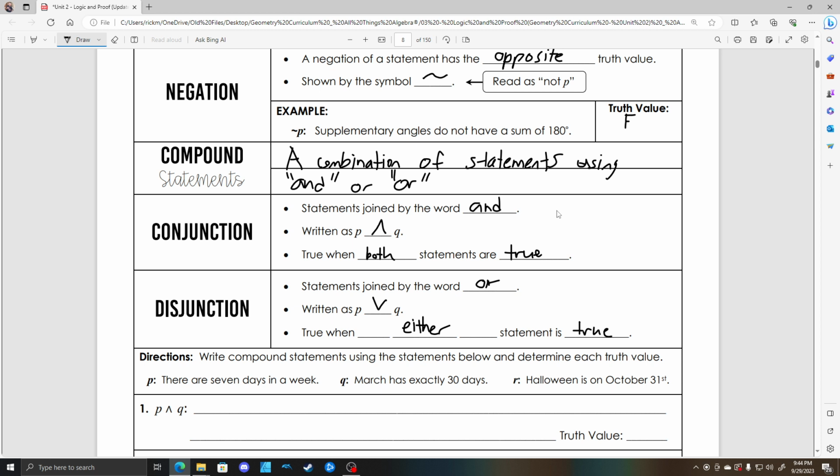So this could be P or Q in this case, right? If P or Q is true, then the whole statement is true. So there's less conditions that are required for disjunction to be true. And that makes sense, right? If you say a nickel or a dime is worth 5 cents, well, a nickel is worth 5 cents, a dime is not, but the statement is still technically true, right?